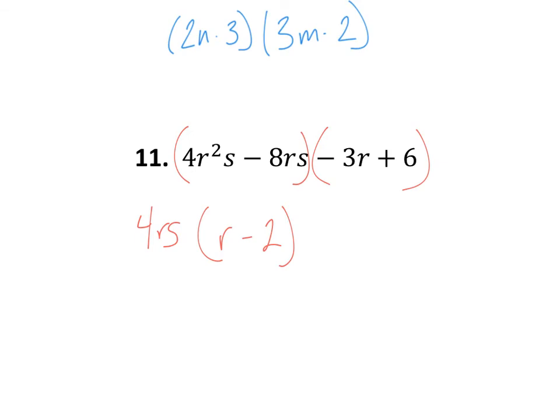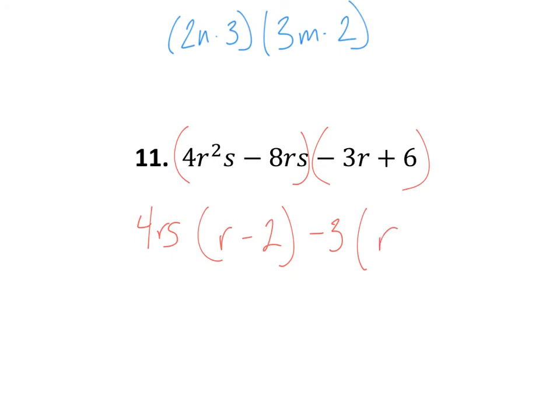And so, again, here we're looking for this r minus 2 in our second binomial. So we're definitely going to have to factor out a 3. But if we just did 3, well, negative 3 divided by 3 gives me negative 1. And I need a positive 1r here. So that should tell me, hey, factor out a negative 3. When we do that, negative 3 divided by negative 3 turns into a positive 1.